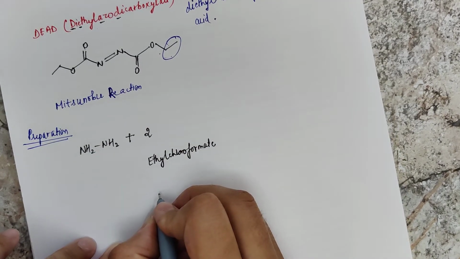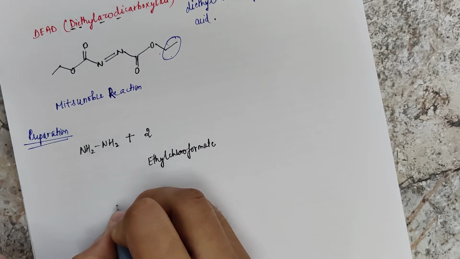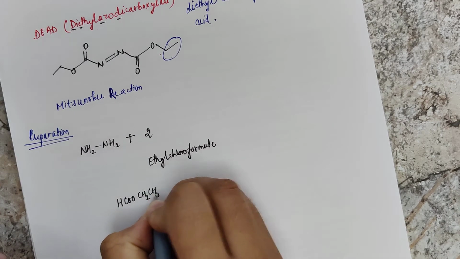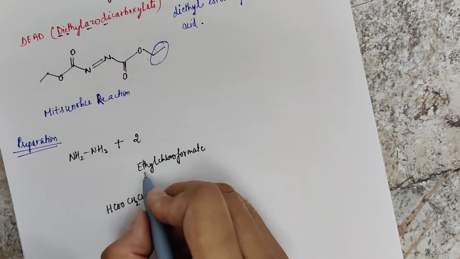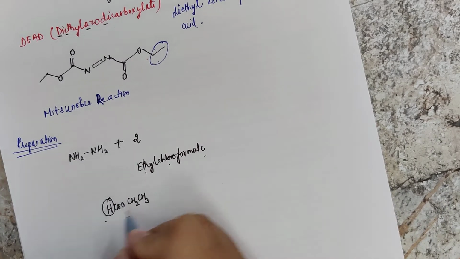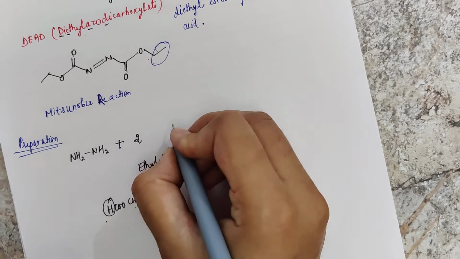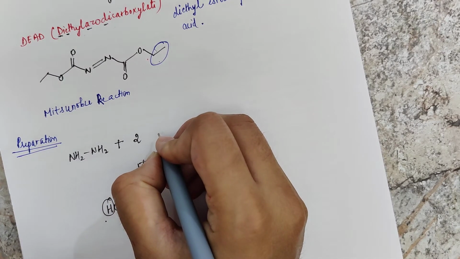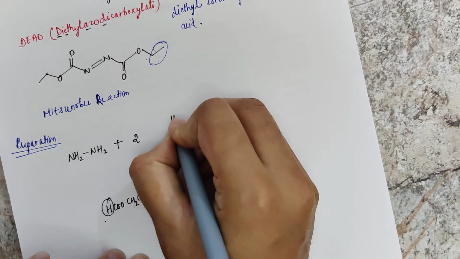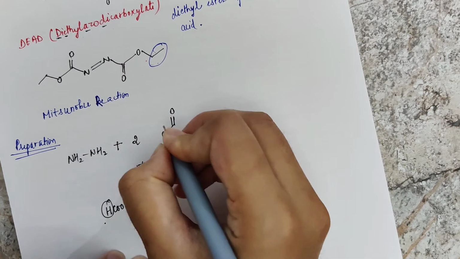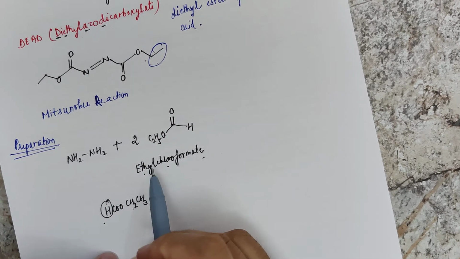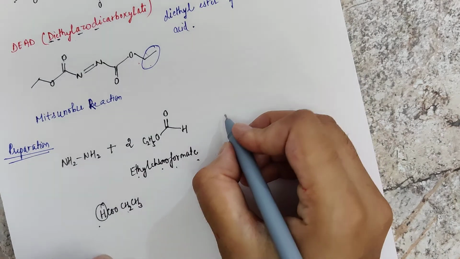If we have to write ethyl formate, so the formula will be this, but it is ethyl chloroformate. This hydrogen is replaced by a chlorine group. So this is our ethyl chloroformate.